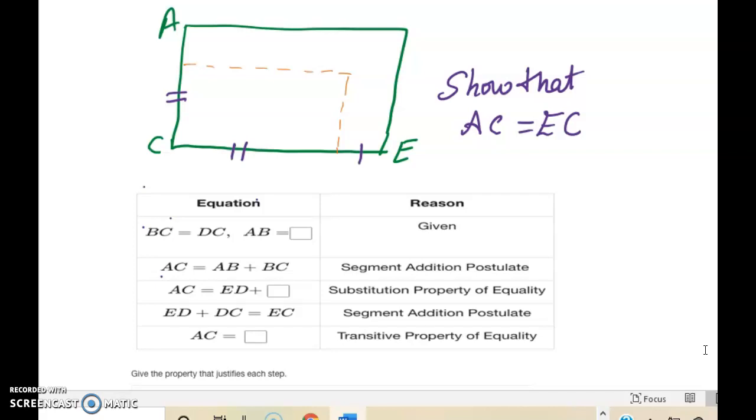We have this question, and they have given us this diagram. Inside this one rectangle, there is another rectangle, and they have labeled it in this way.